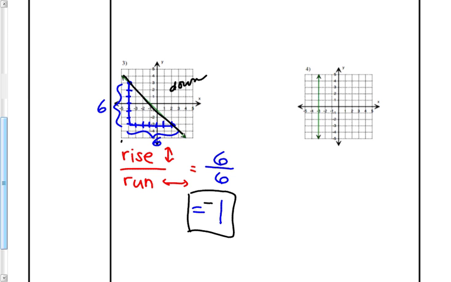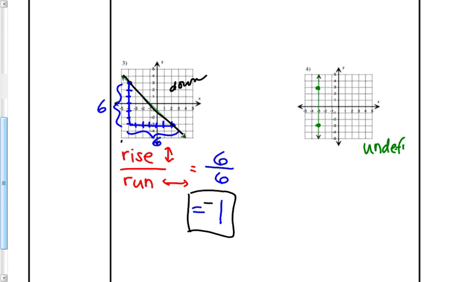All right, and number 4. Number 4, okay, we're going to pick any 2 points that we want. And you might already know what kind of slope this is, because if this is a vertical line, remember, like going off the cliff here, we don't want to go off the cliff because you might end up non-existent. So we don't want that. But this vertical line should represent an undefined slope.